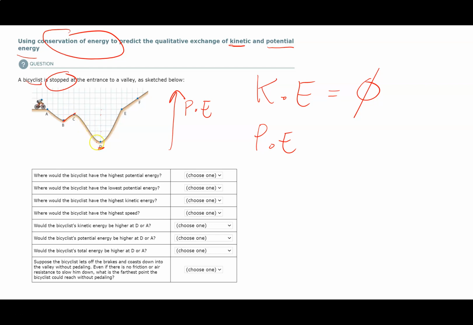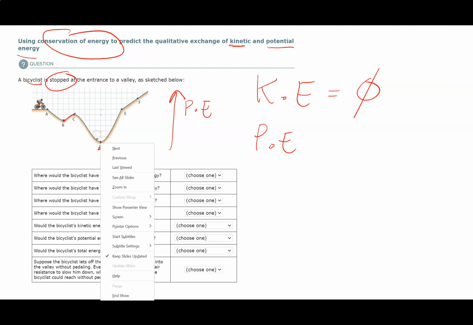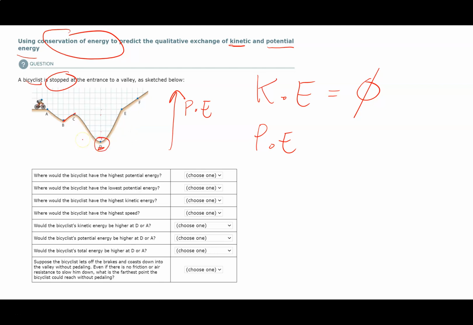And then they're going to roll down this slope here, losing a whole bunch of potential energy, but getting faster and faster and faster and gaining kinetic energy. And then they're going to reach this bottom here where they have the minimum amount of potential energy, but the maximum amount of kinetic energy. And then they're going to start rolling up the other side.